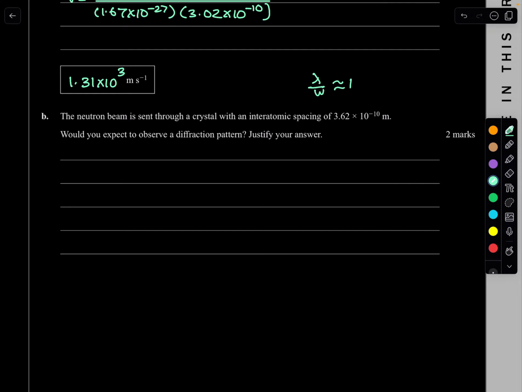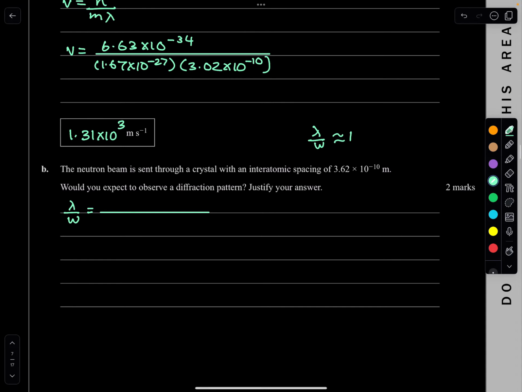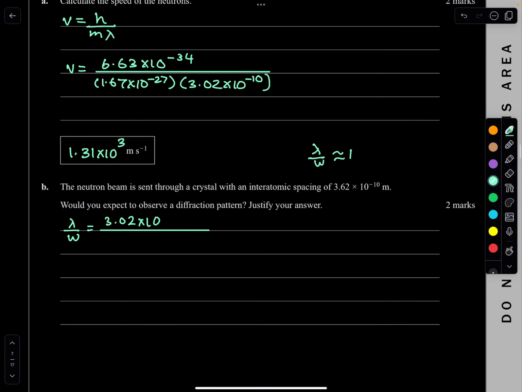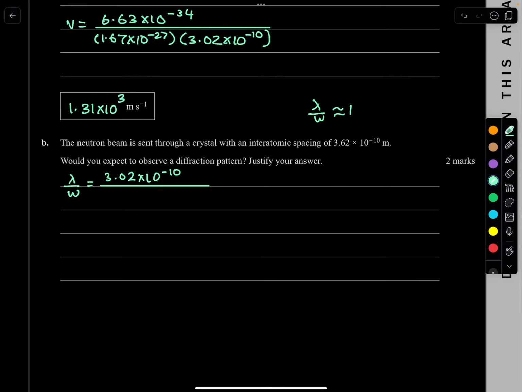Let's see what it is. The wavelength is 3.02 times 10 to the power of -10, divided by your width, which is the interatomic spacing, 3.62 times 10 to the -10.